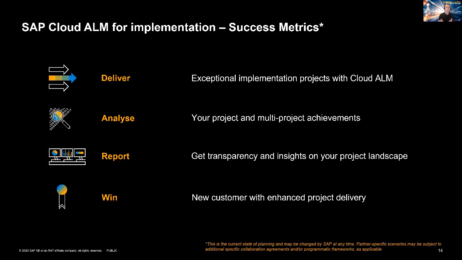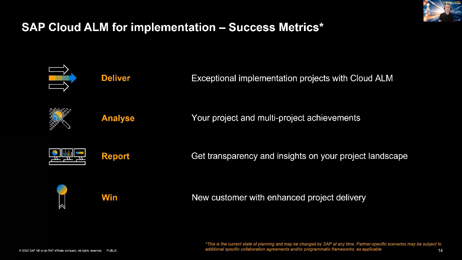Think about running multiple cloud projects in parallel in SAP Cloud ALM and wanting to understand this better. You get shown, for example, your actual workload, your projects at risk, and how you can improve your resource planning by using these reporting functionalities.